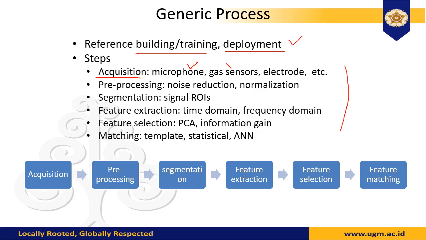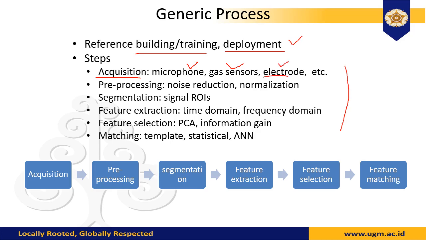Now we could also use gas sensors in applications such as tuberculosis detection, genomes, also using gas sensors. Then we could also use electrodes.